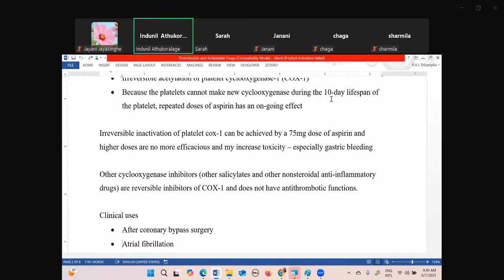Ischemic heart attacks. Oh, okay. In heart attack, a stat dose of 300 milligram is given. Yeah, a stat dose is given. Let's check.